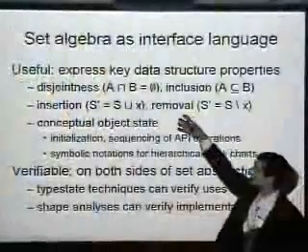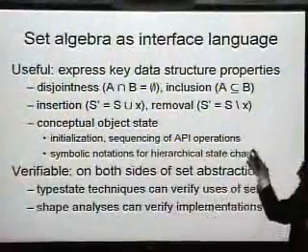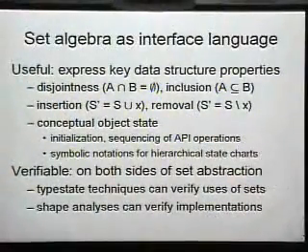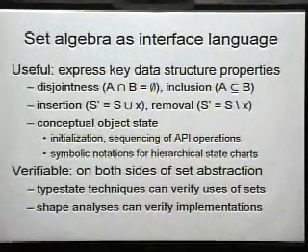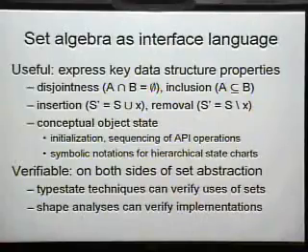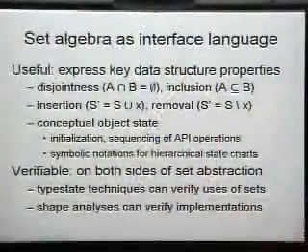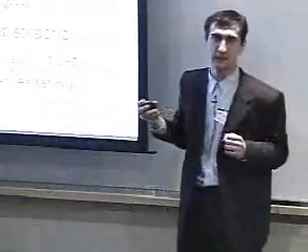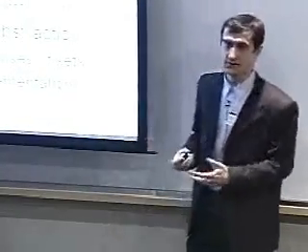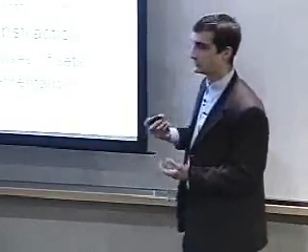So it's useful because it can express these properties as well as conceptual properties that talk about type states of objects. So these finite state properties that I mentioned, there's a lot of work on. And it can do that by saying that basically an object is in a given type state if it's a member of a given set. So changes in type state correspond to removals and insertions of objects to and from sets.